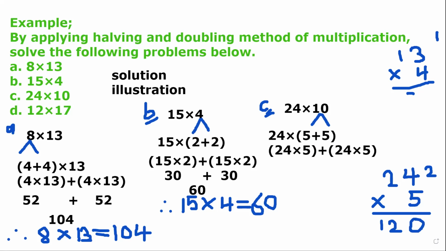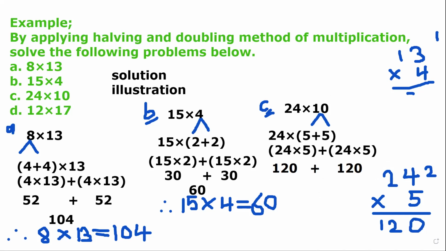So here is 120 each. 120 plus another 120. Okay, good. Now you have gotten 120 plus 120, because each of the 24 multiplied by 5 will give you 120. Then you add. Okay, good.